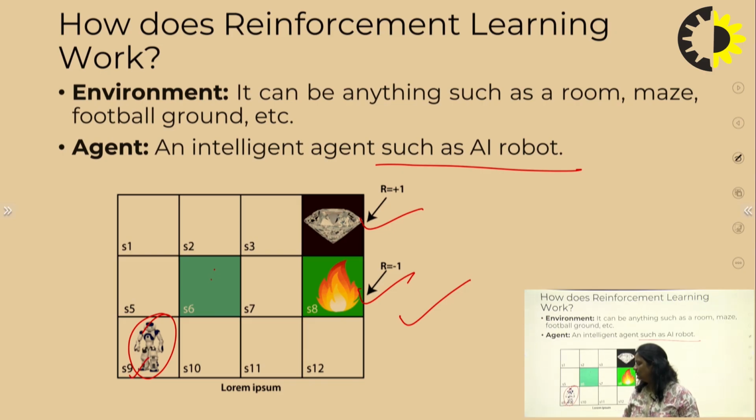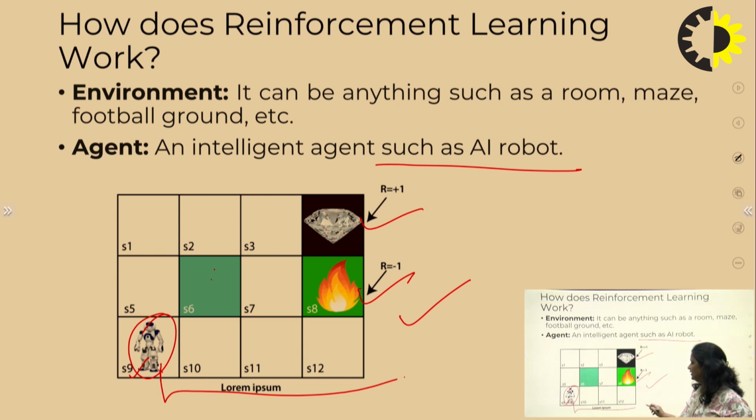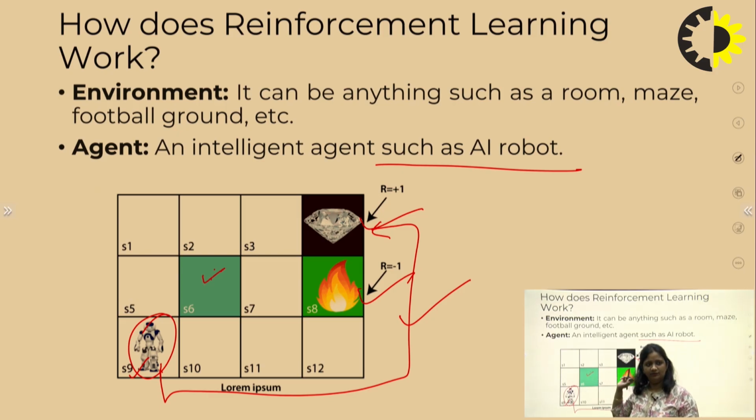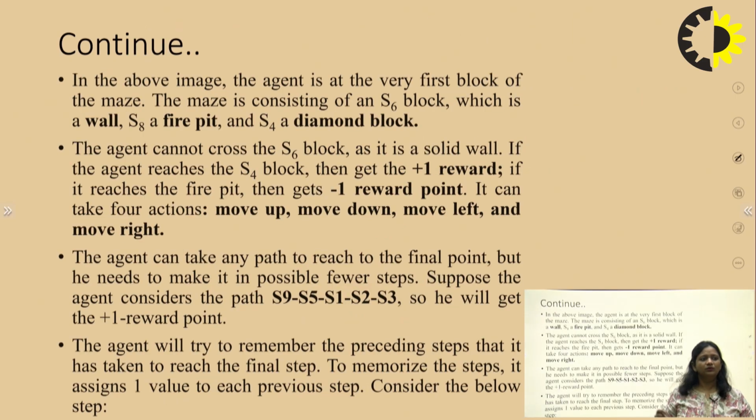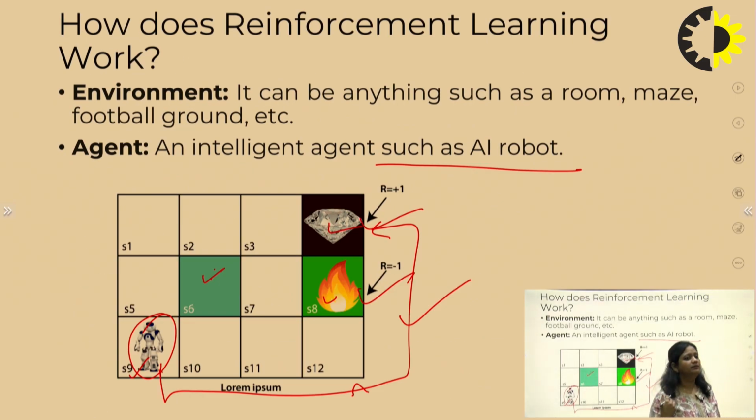Okay, now the robot has to reach from this location to this location. There can be a fireball. This is the destination. This is a fireball. So what approach do we follow to reach from source to the destination?